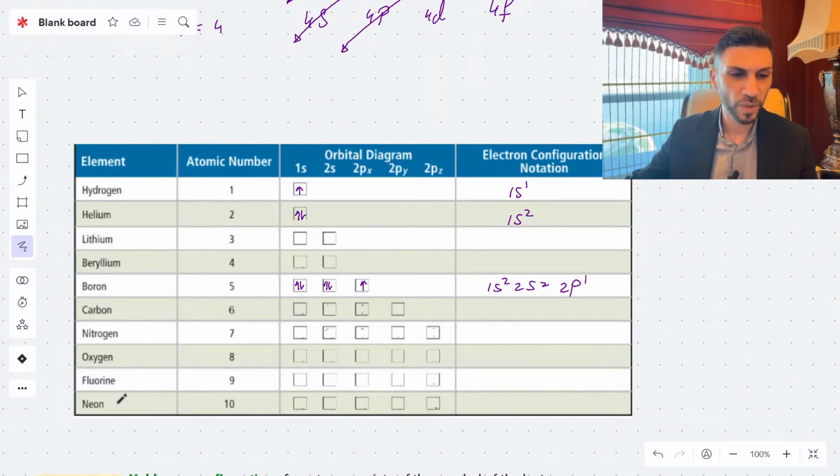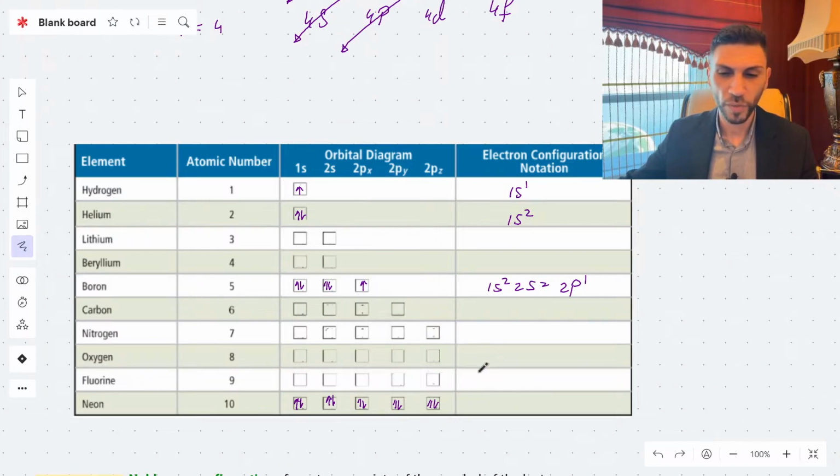Let's do it, for example, for neon now, which has 10 electrons. So 2 in 1s, 2 in 2s, and in p, single, single, single, and then we double those electrons to have the 10 total electrons. 2, 4, plus 6 is 10 electrons.